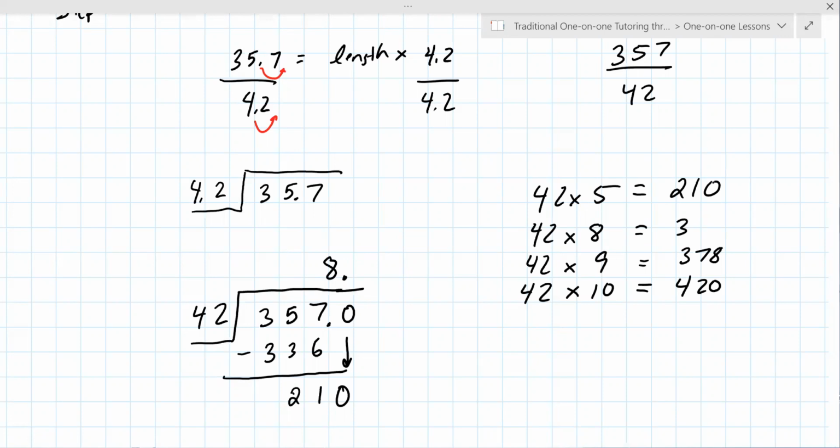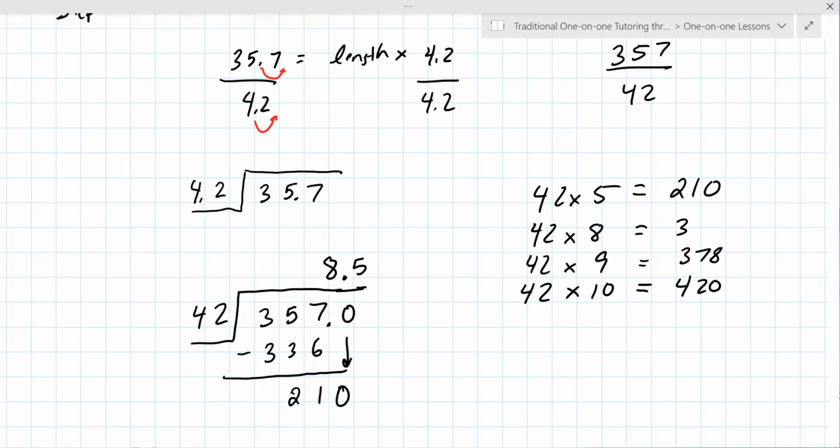So that puts the 5 there, so then it's 8.5. Yep, there's your answer.